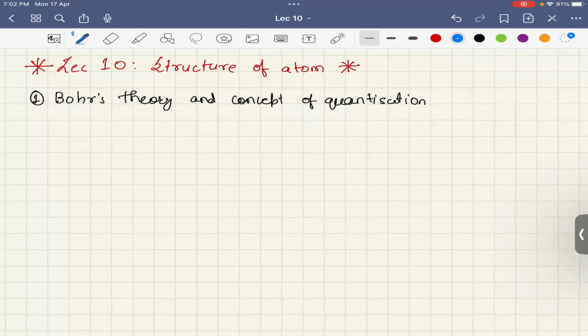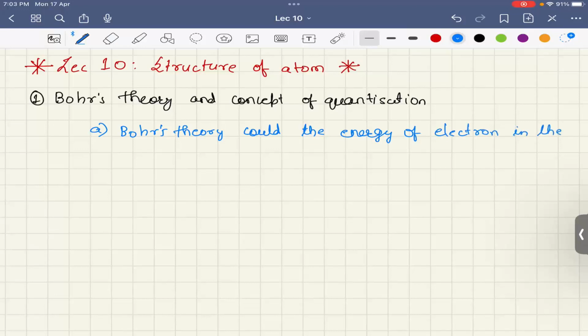So Bohr's theory could predict the energy of electron in the nth orbit.